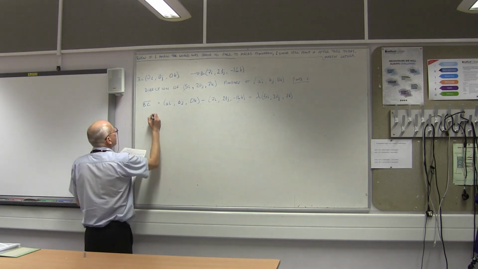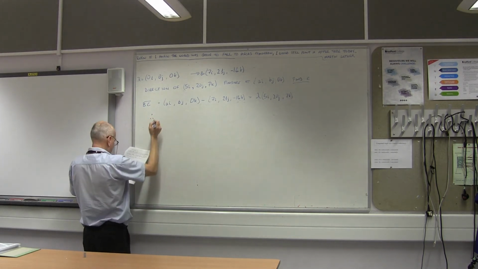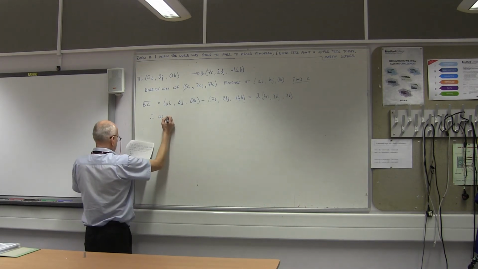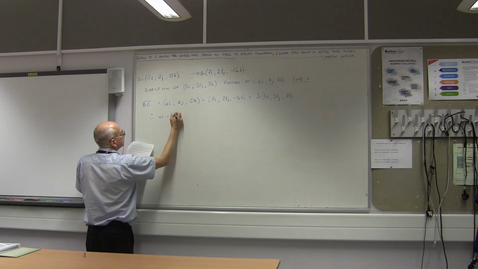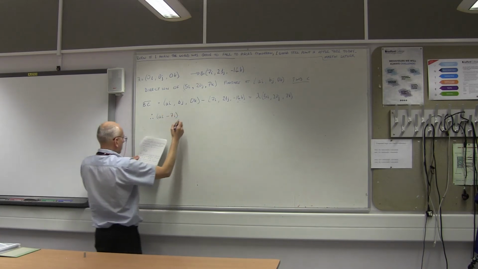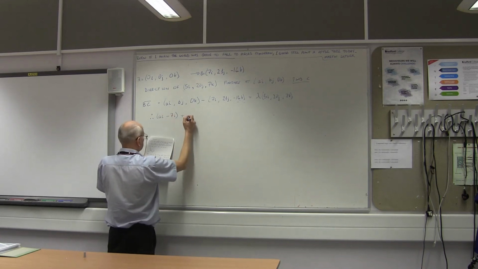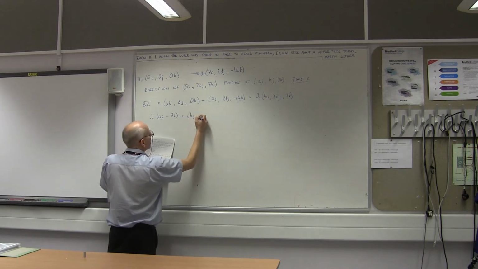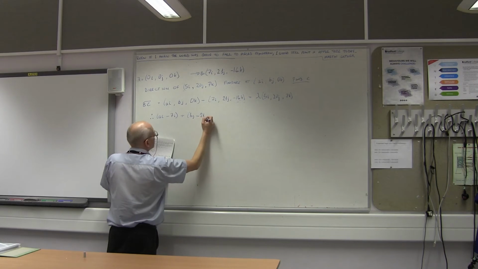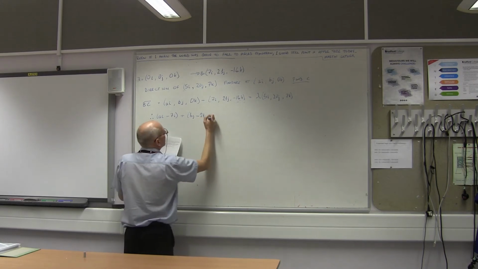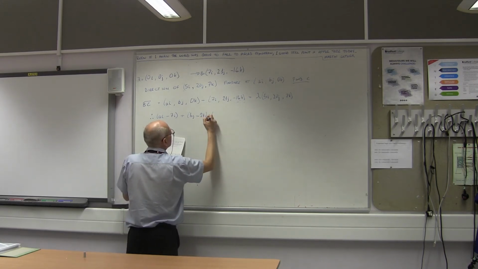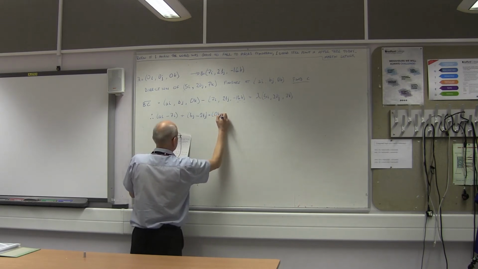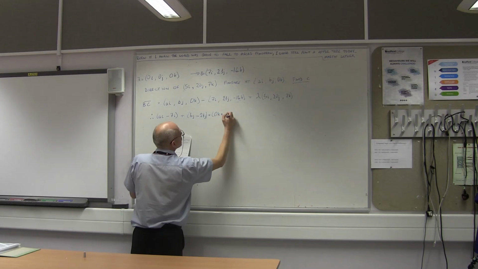So that means that therefore, ai minus 7i, plus bj minus 21j, plus 0k, plus 14k.